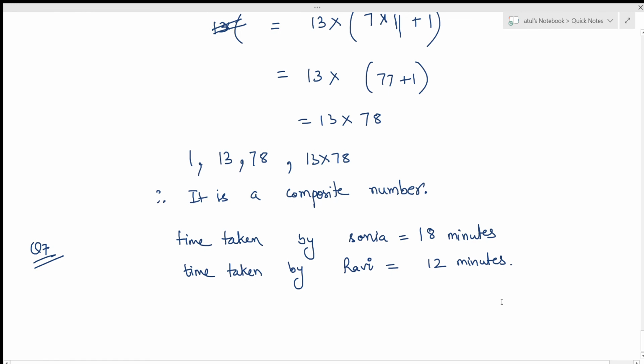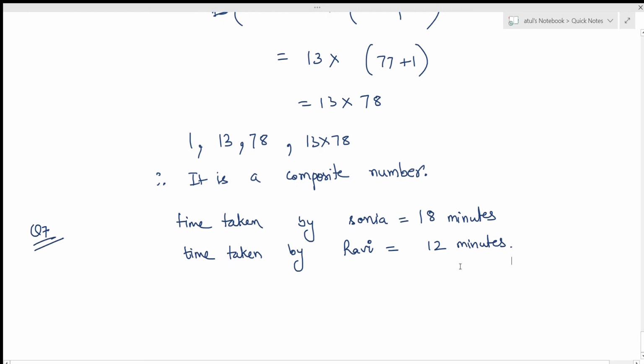Now you need to find the time when they both start together from the same point at the same time, after how many minutes they will again meet, that is, reach the starting point. So you can see that the time will be more than these times. Whenever you have to find something more, it should be a multiple of these.